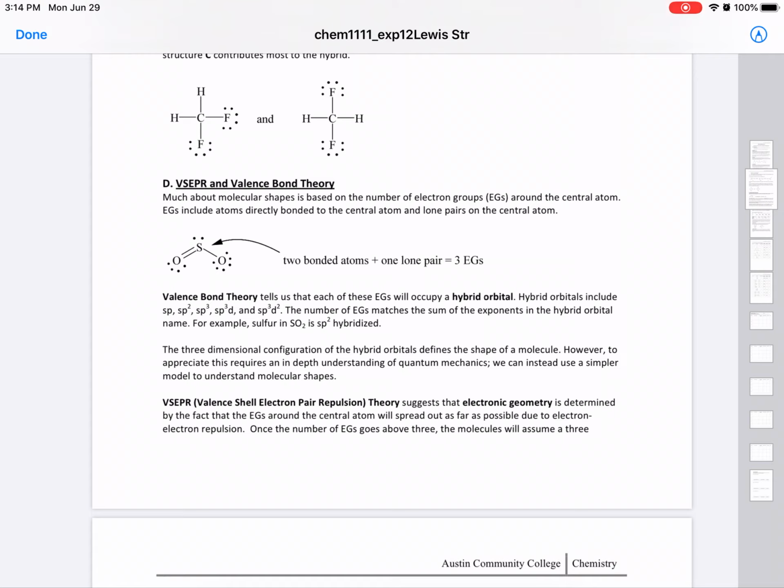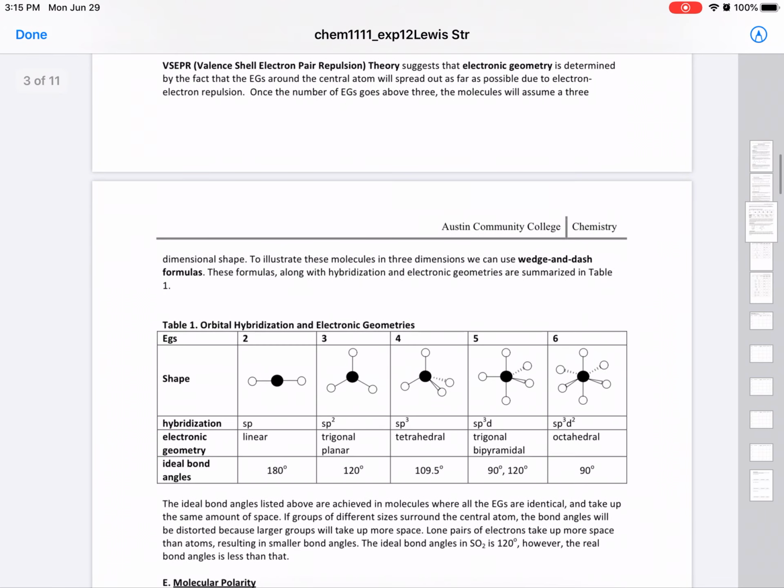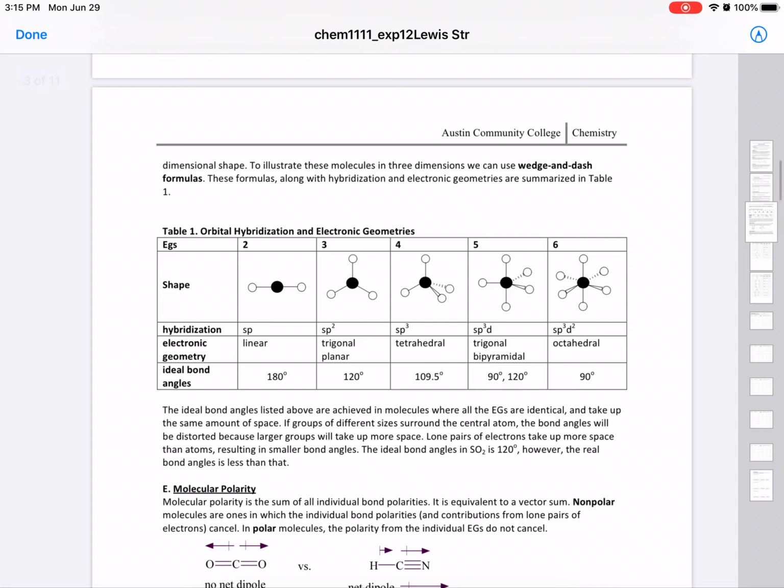And the valence bond theory talks about how, when you form a bond, orbitals hybridize to occupy electrons in the bonding orbitals. We also learned about hybrid orbitals. And here is a summary of the hybrid orbitals and the electronic geometry of the molecules.